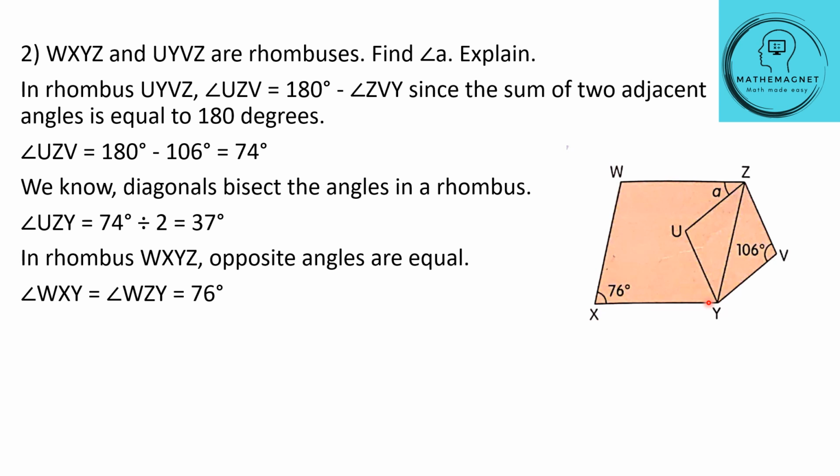Now we also know UZY is equal to 37, what we already found. So angle A we can find by subtracting WZY minus UZY, which will be equal to 76 minus 37, which is equal to 39. So the unknown angle A is equal to 39 degrees.